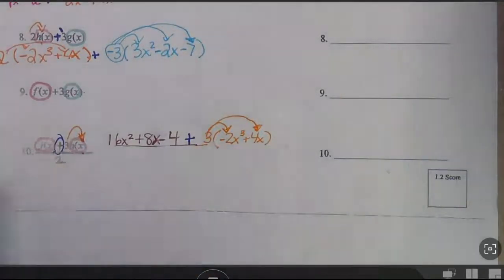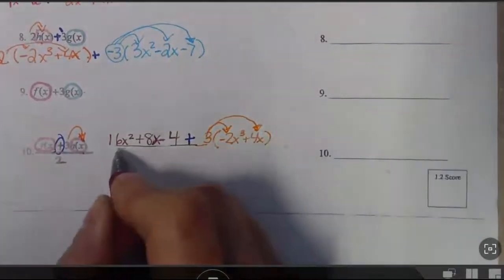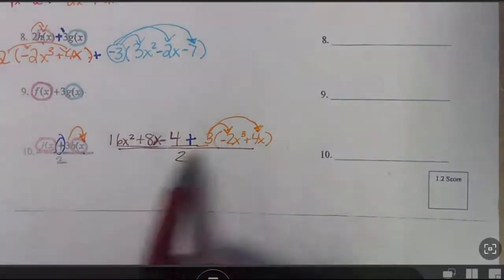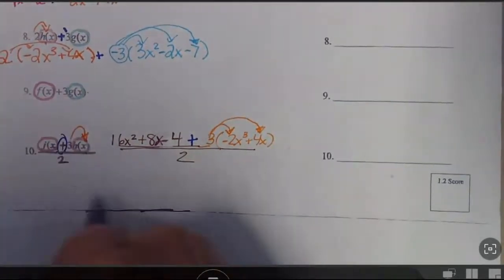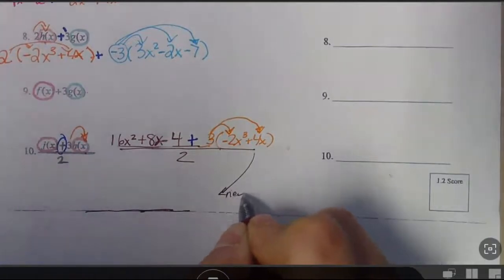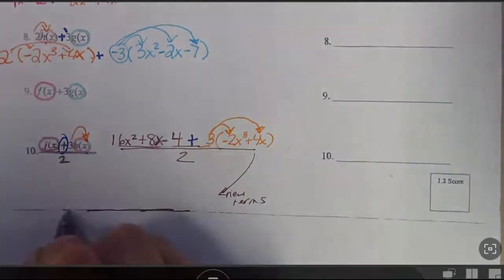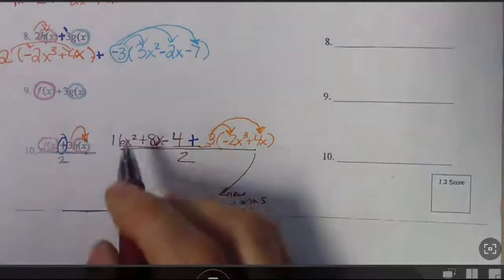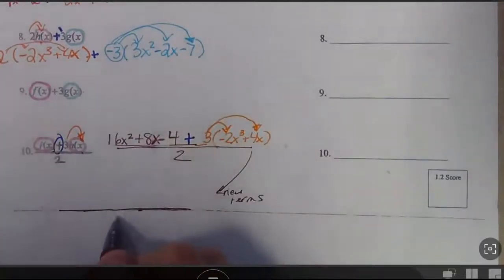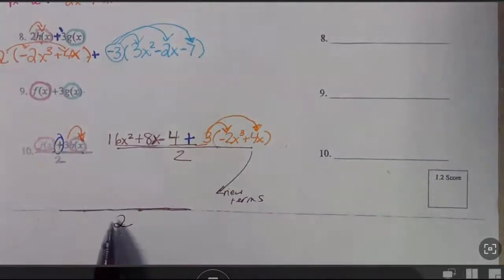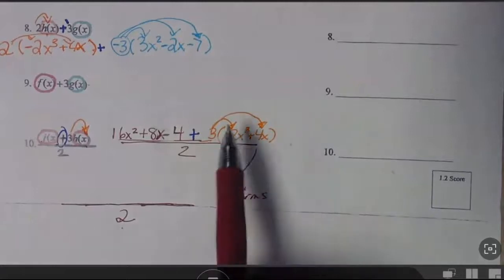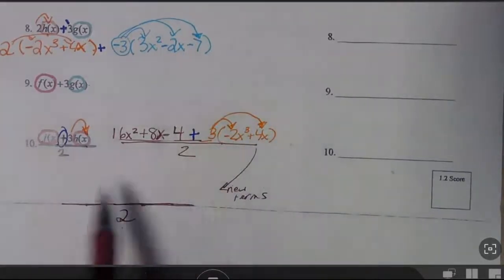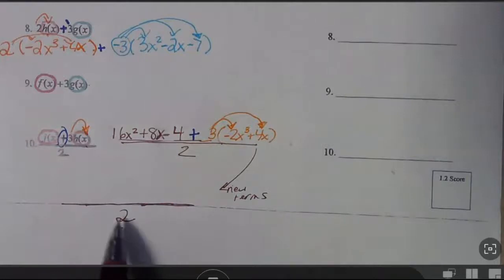All of this is over 2, so when you combine the like terms, I would put all your new terms down here, on top, and then whatever you get, you're going to put it over 2, and you're going to see if 2 goes into any of the new terms. So first, do the new terms and simplify, and then see if we can simplify farther with the over 2.